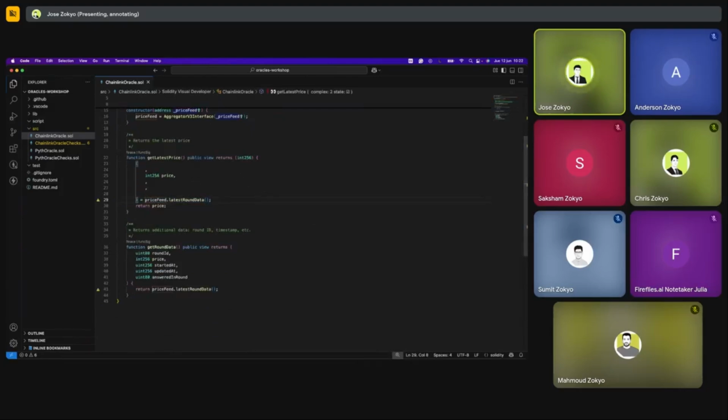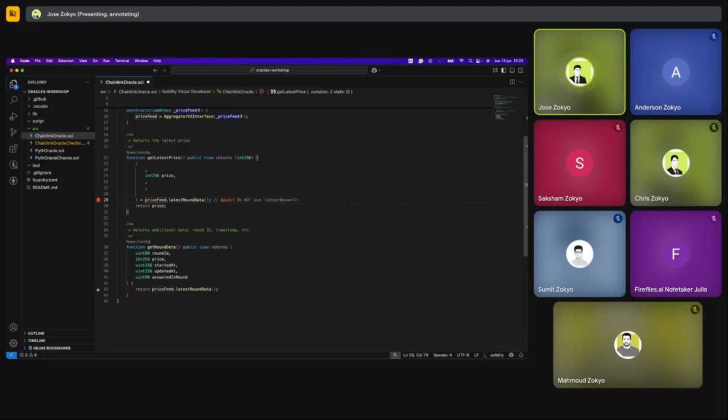At least they have been using here the latestRoundData function, which is the recommended one, but you may also find, I will make a note here so you can check it later, some protocols and clients using latestAnswer.